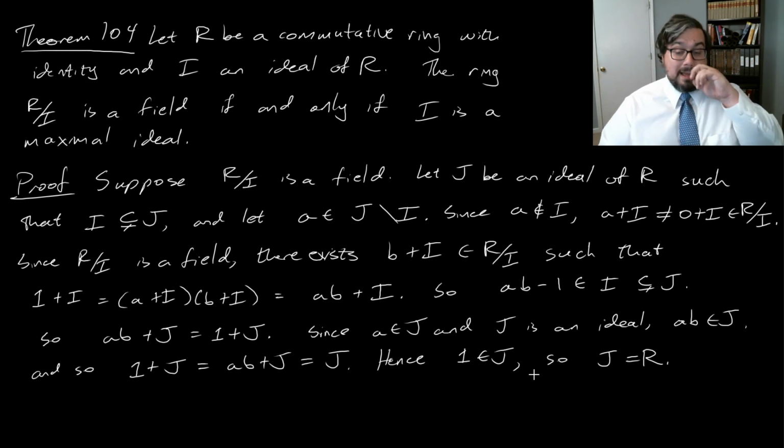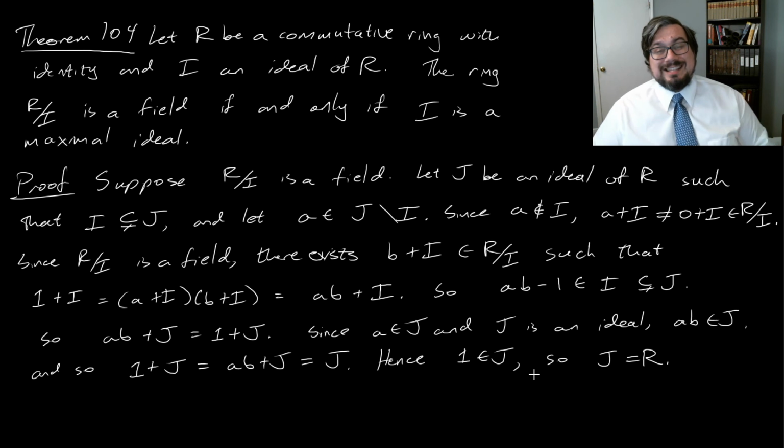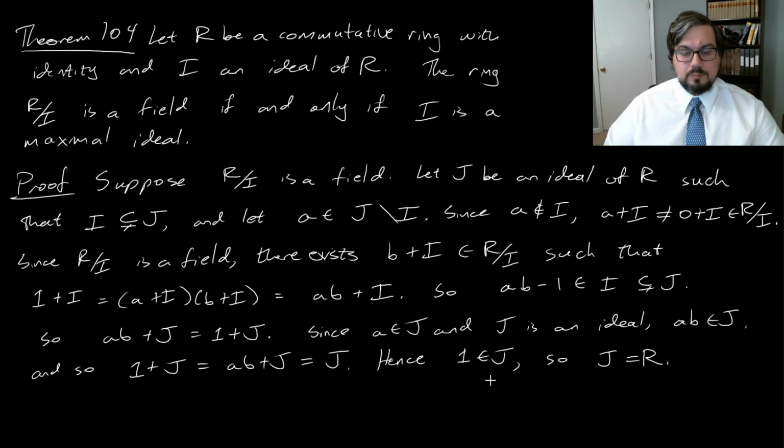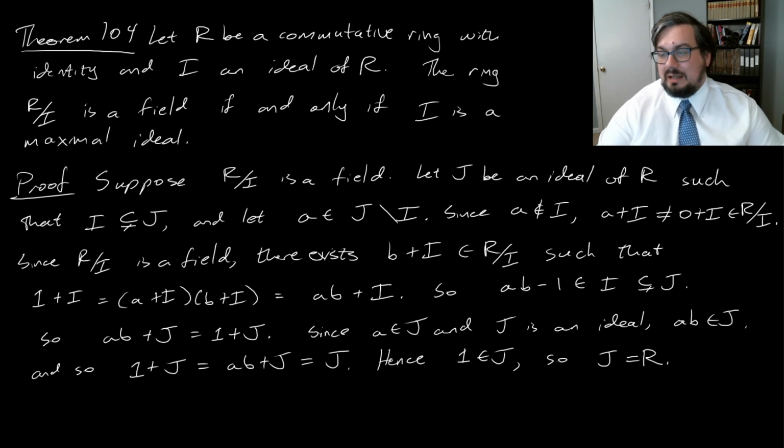By that exercise I mentioned earlier, when an ideal contains a unit, it is the whole ring. Okay, so that shows that if R mod I is a field, then I is a maximal ideal.